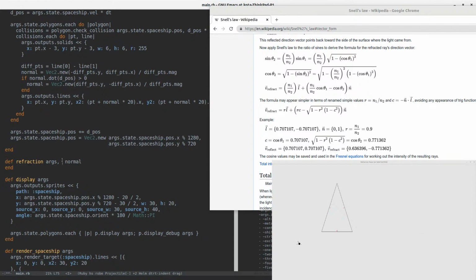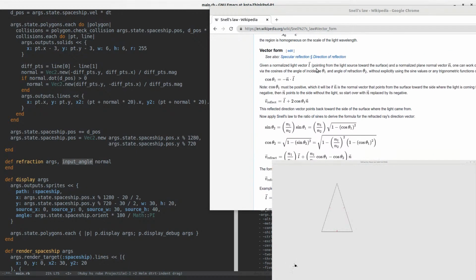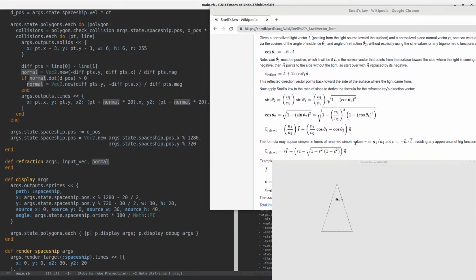So input angle, we'll just call it that. I think which is actually L, right? Yeah, given a normalized. So we'll just call it L to be consistent with the literature. Or like vector, yeah. Input vector is fine. And then, what am I missing here? N1 and N2.